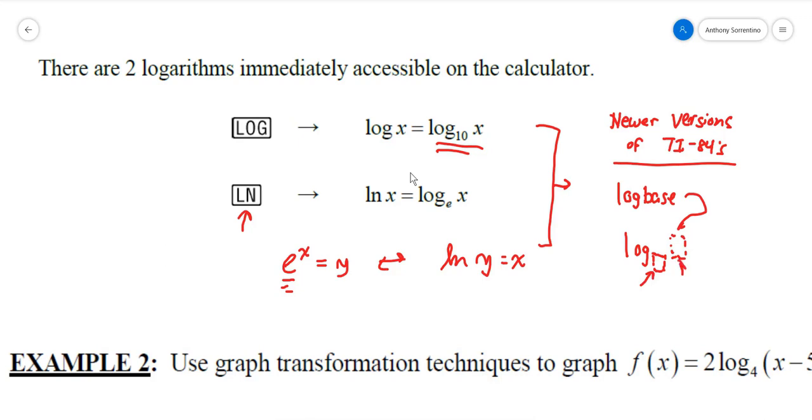But as I said, that's on newer versions of TI-84s. So you have to make sure it has a certain operating system on it that will have this command, and they don't make it easy to find either. You have to either go through the menus on there and search, or you can hit alpha and the window button to find that.